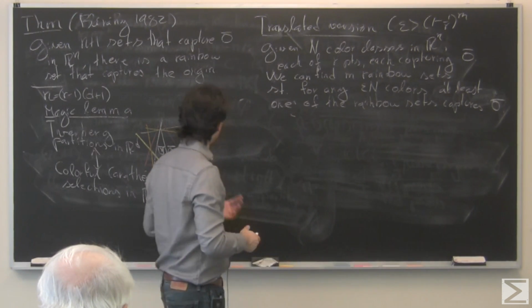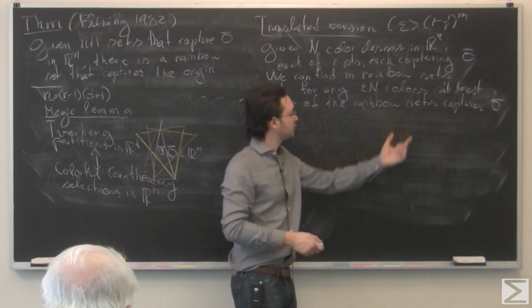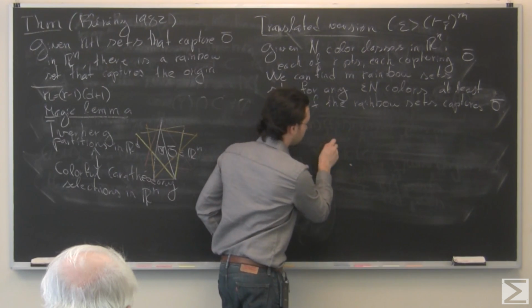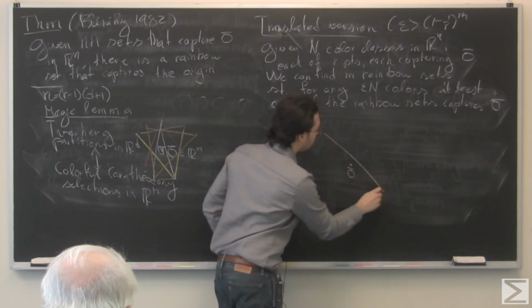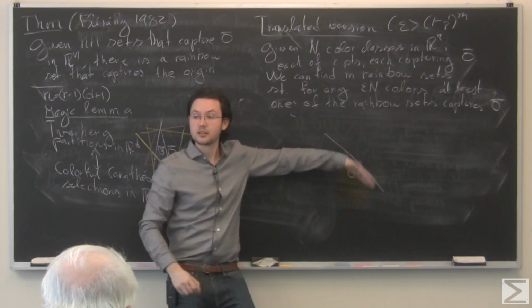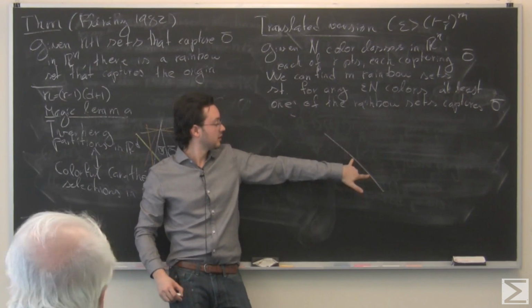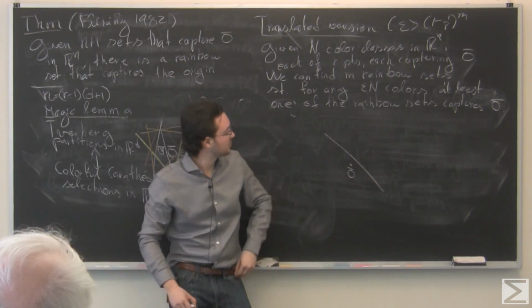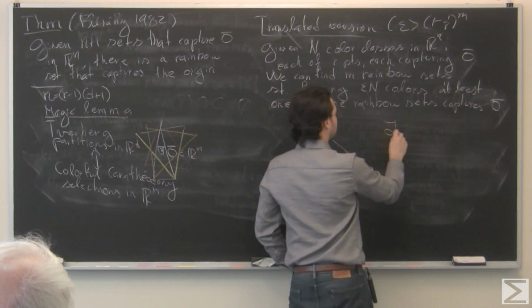The cool thing is that if I want to check if a set captures the origin, I just have to show that there is no hyperplane separating it from the origin. And this is nice because, let me give you one lemma.